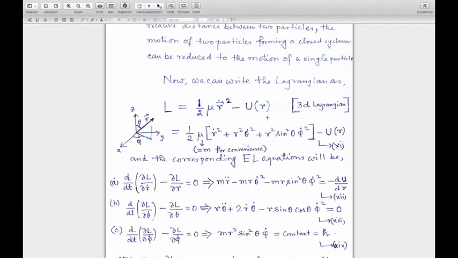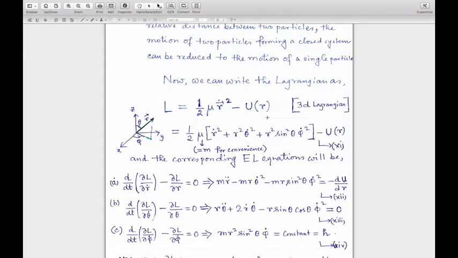And from that we can say that the angular momentum, by definition, is always perpendicular to the position vector. If the angular momentum of the system is a constant vector, then in the case of a central force, the position vector will always be perpendicular to a constant vector.